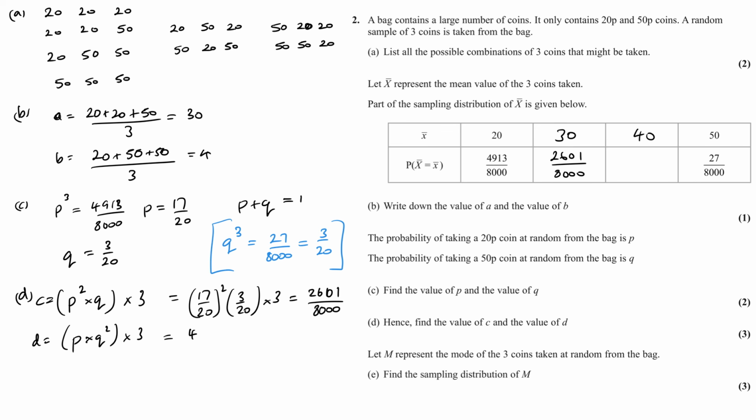So that is 459 over 8,000. They're all over 8,000 there, so you just do a quick double check by adding up all the top values and making sure they add up to 8,000, and they do. So we know we're right.